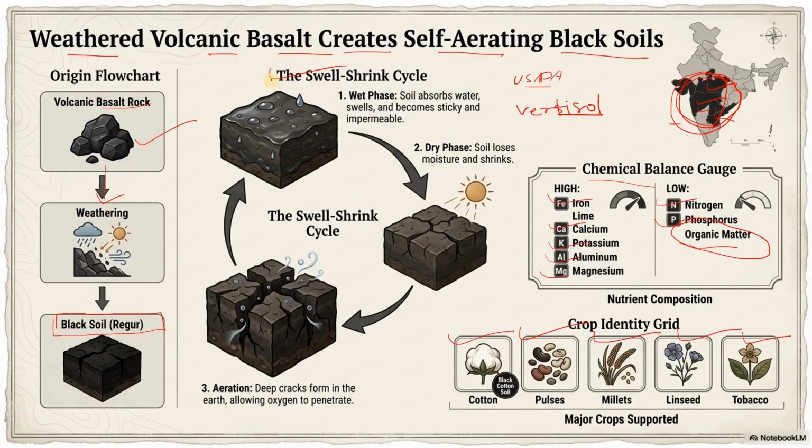Let us see a very interesting factor about the black soil: the swell-shrink cycle. Swell means getting puffed up, and shrink means getting compacted, and this happens in a cycle. That's why this soil holds a lot of moisture and is very good for cotton production. In the first phase, the soil absorbs water, swells, and becomes sticky and impermeable.